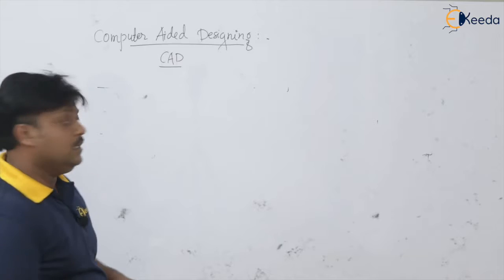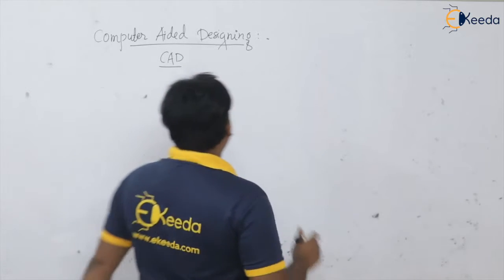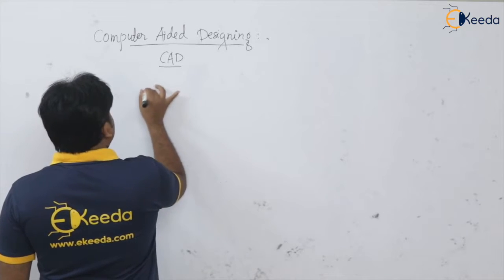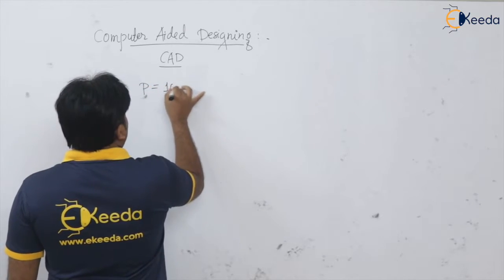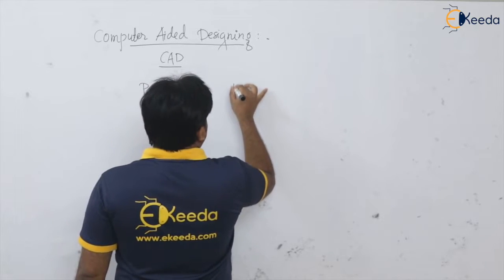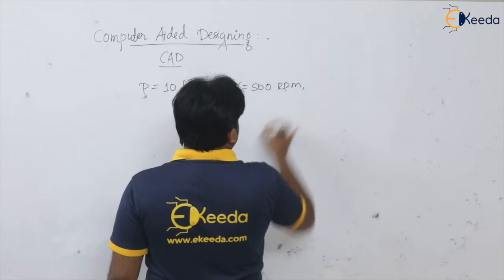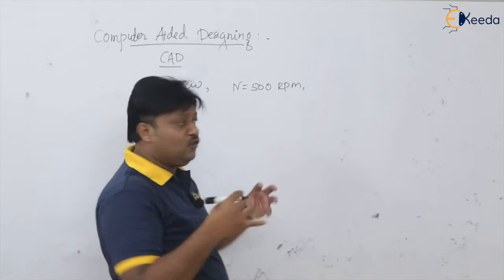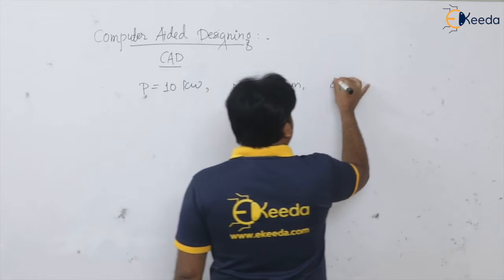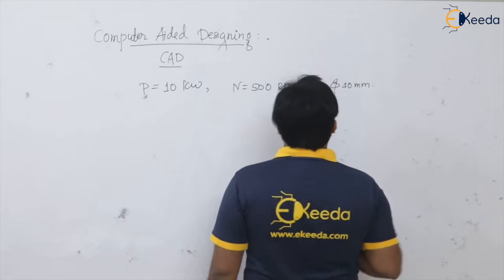Say suppose I am going to design a shaft, and the power transmitted by the shaft is around 10 kilowatt, rotating at 500 revolutions per minute, and the shaft is having a cross hole of phi 10 mm, isn't it?